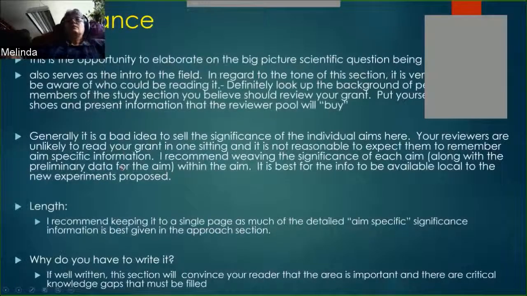Now the significance is the opportunity to elaborate on that big picture scientific question. It's the intro to the field. It can be helpful if this is going to be reviewed by what's called a standing study section. There are 2 different flavors of how reviews are done, and it's all done by peer review.